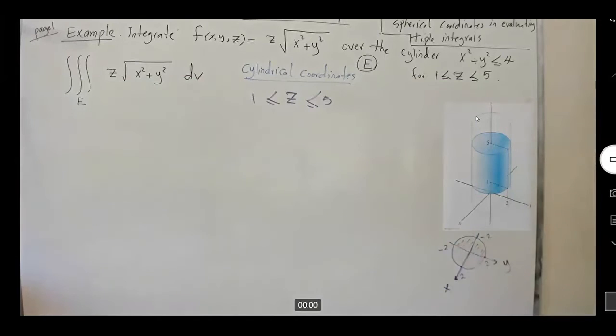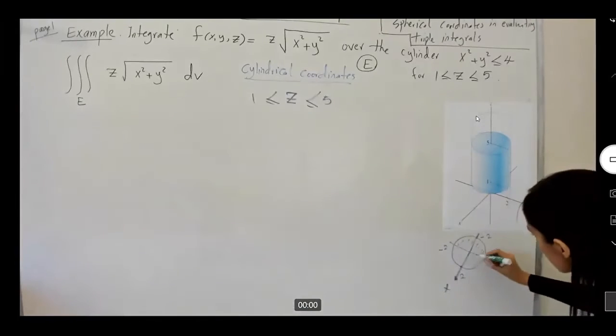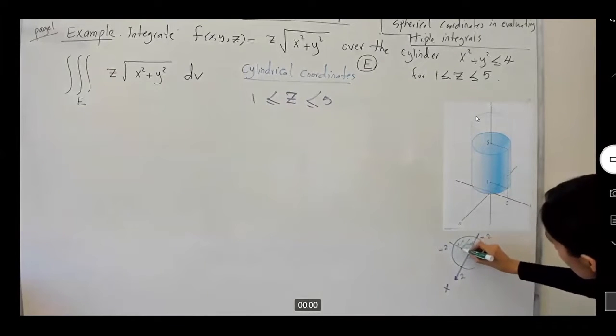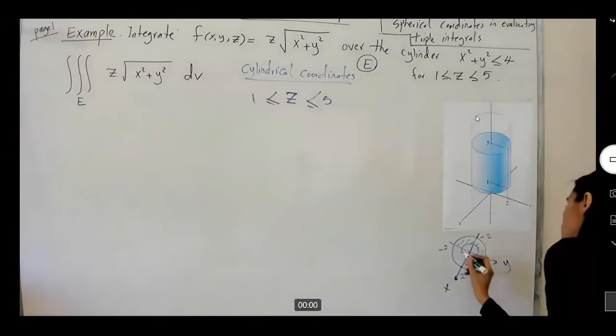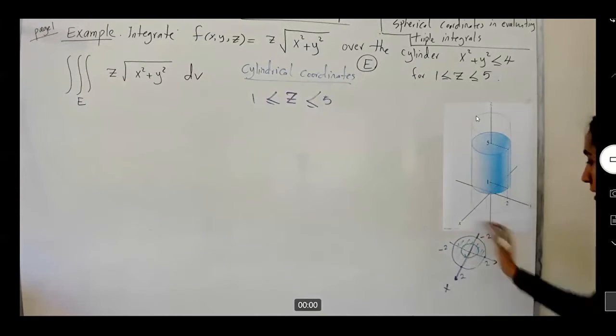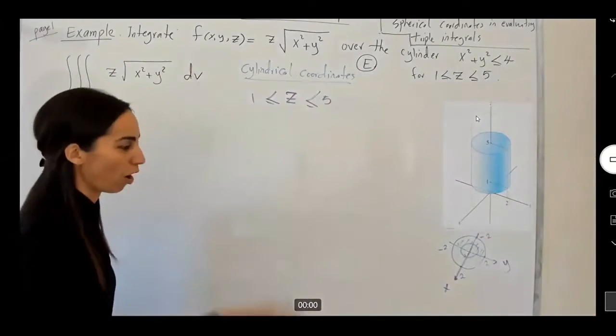How about theta? My theta, okay, let's take a look at this. It starts from 0 and rotates 360 degrees, and my theta is in between 0 and 2 pi.